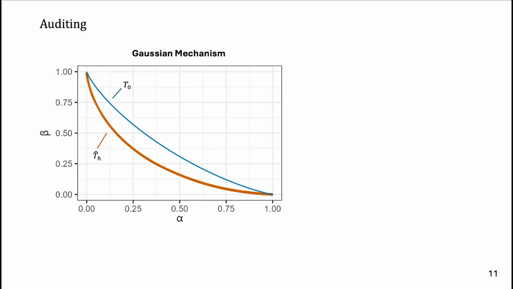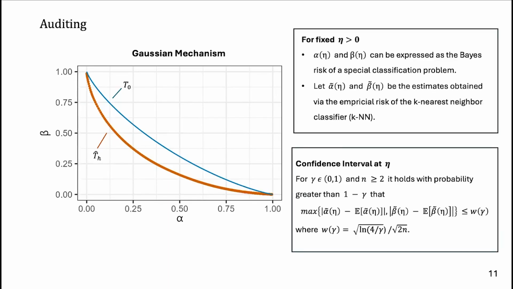However, what we need is a method with which we can assign some statistical significance to the discrepancy that we observe in order to reliably reject false privacy claims. And it turns out that we can find such a method by focusing on single points on our trade-off functions. This allows us to deploy optimal classification theory, and it provides us with estimates alpha tilde and beta tilde for our points that come with confidence intervals for their expected values.